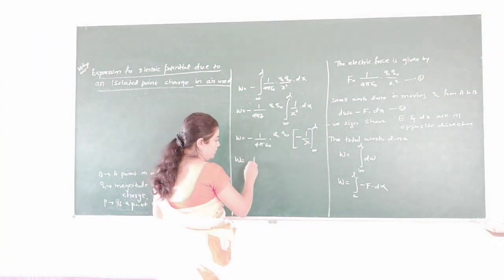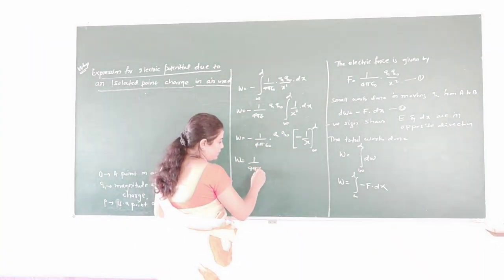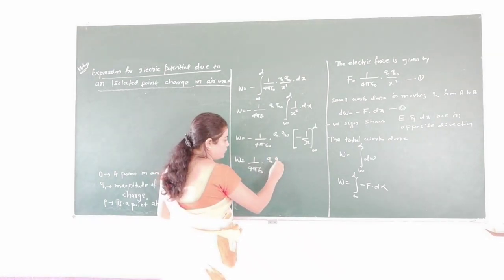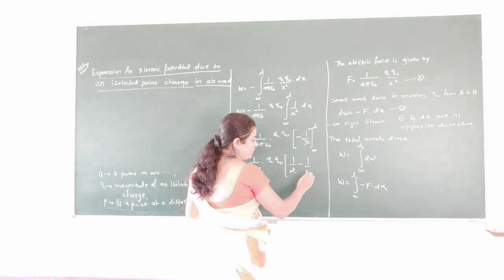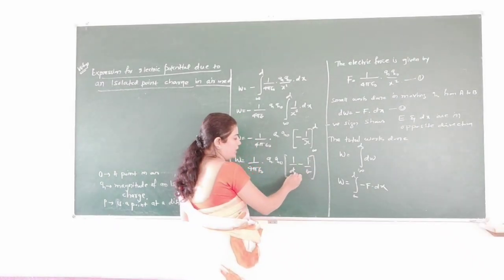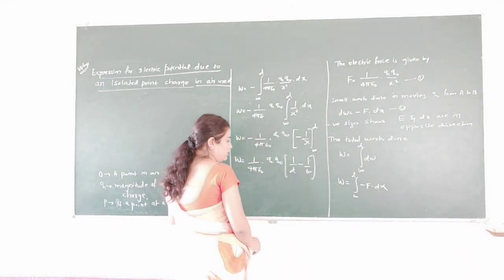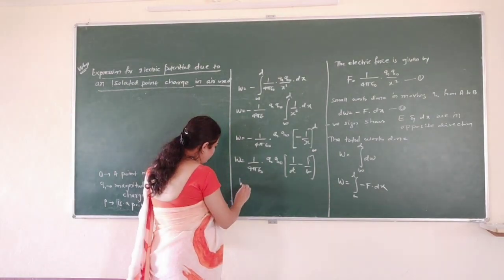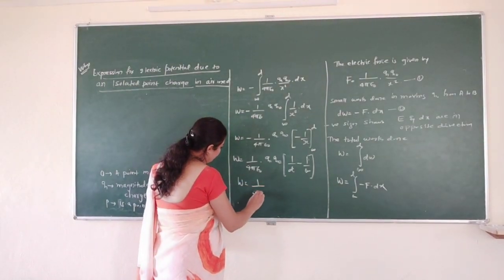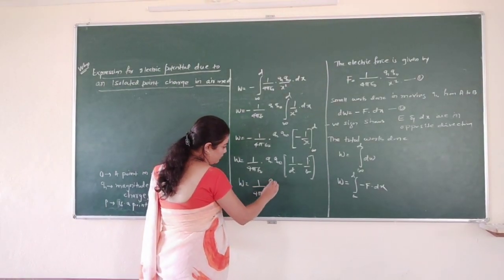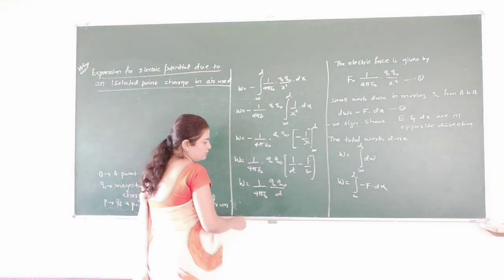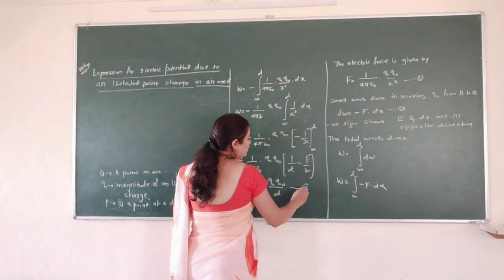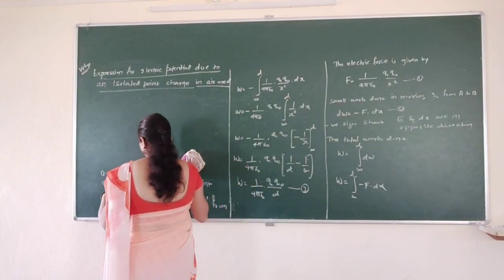So work done is 1 divided by 4 pi epsilon naught Q Q0 into 1 divided by d minus 1 divided by infinity. Anything divided by infinity is 0. Therefore W is equal to 1 divided by 4 pi epsilon naught Q Q0 divided by d. This is equation 3.